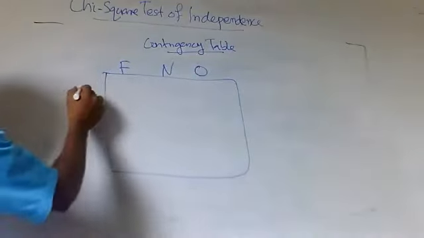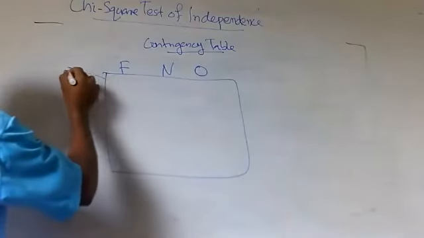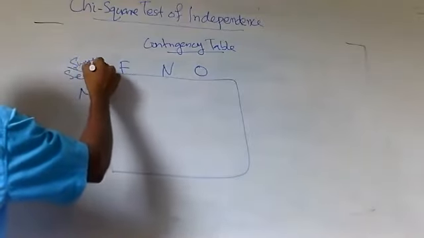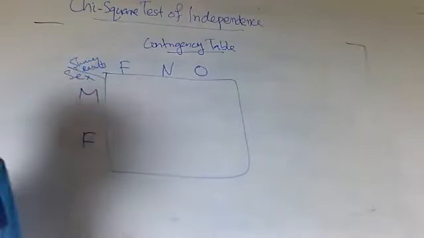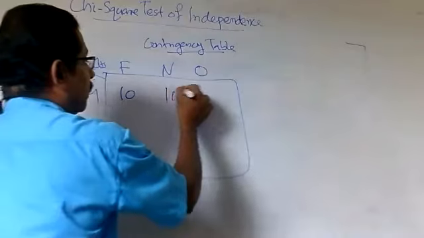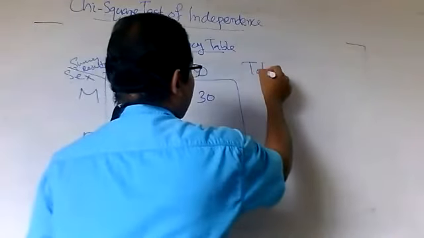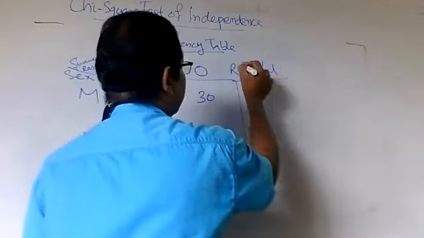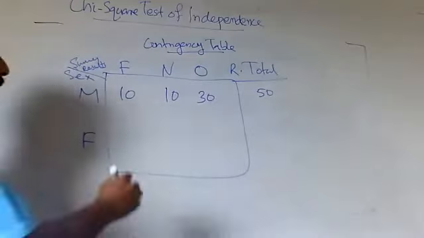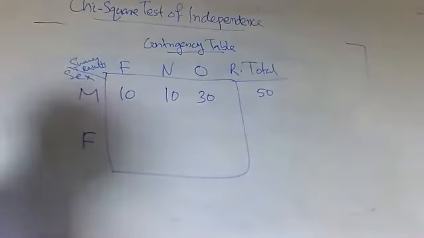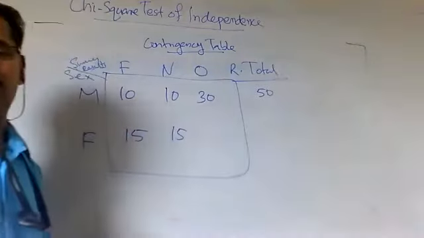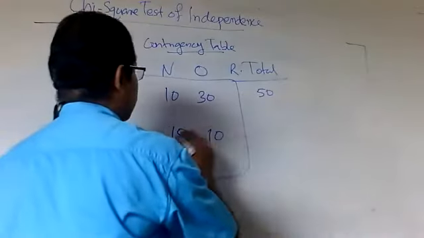So I got the results like this: first favorable, then neutral, then oppose. Sex is male, female, and this is the survey results. Suppose the first observations are 10, 10, 30, so the row total is 50. Then here it is 15, 15, 10, total 40.